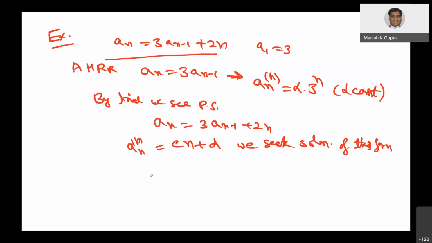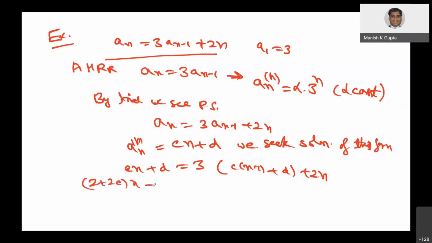Once we substitute it here, we get Cn plus D is equal to 3 times (C(n-1) plus D) plus 2n, right? This implies that (2 plus 2C) times n plus 2D minus 3C is equal to 0.